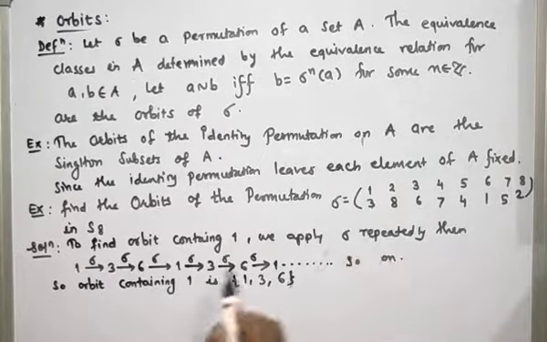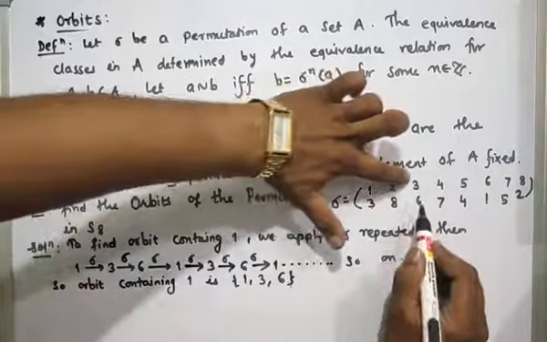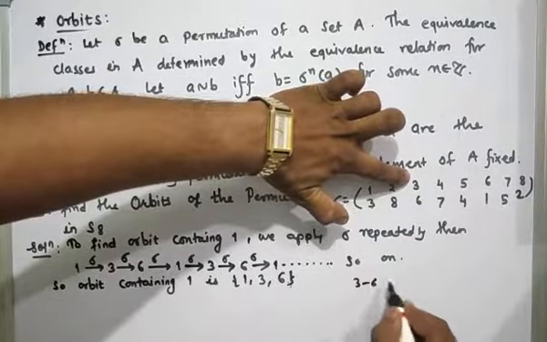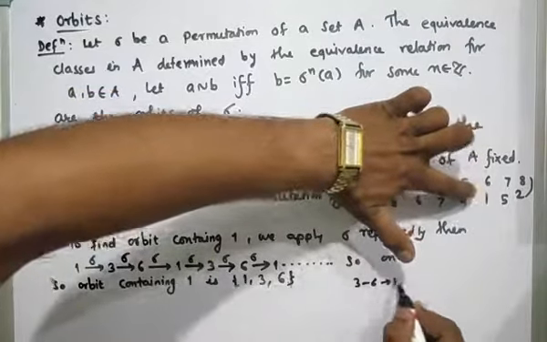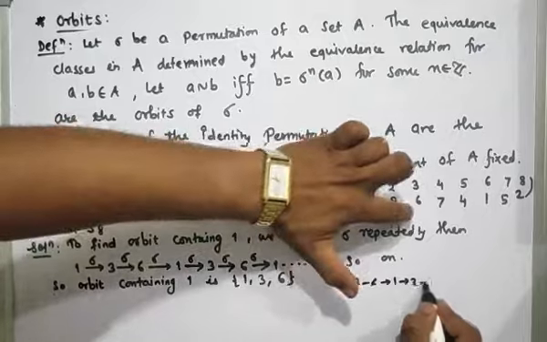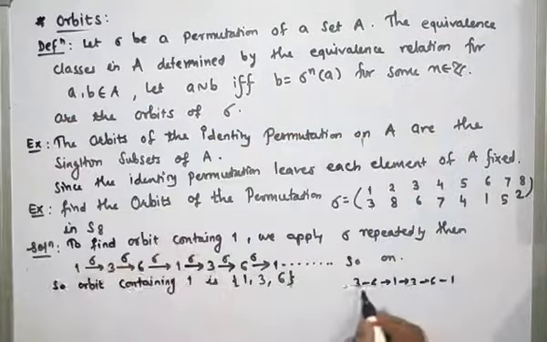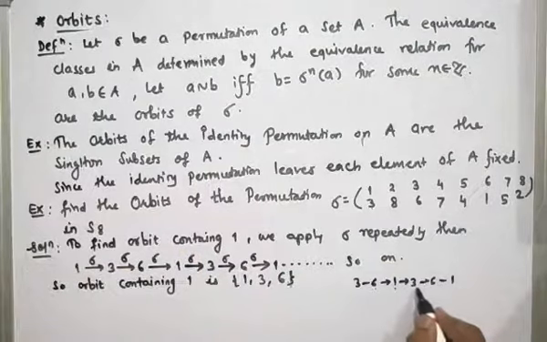Because if I take the orbit containing 3, then what will you get? We start from 3. 3 goes to 6, 6 goes to 1, and 1 goes to 3, 3 goes to 6, 6 goes to 1.